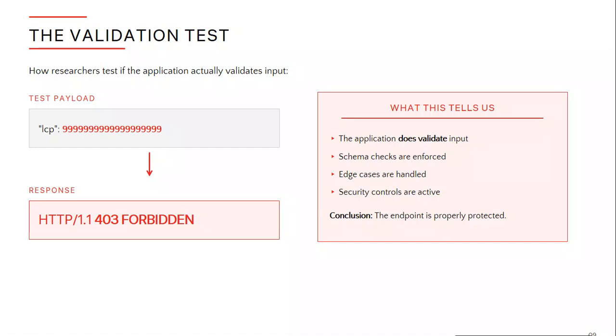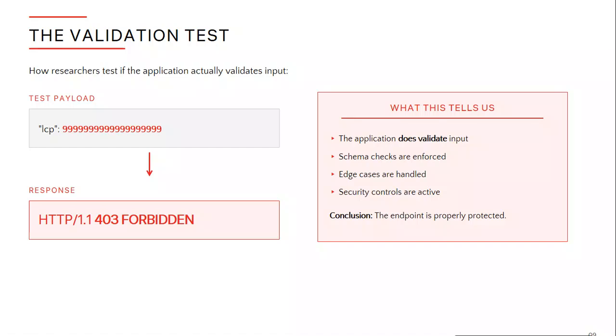Checks are enforced, edge cases are handled, security controls are active, and the conclusion is that the endpoint is properly protected. Whenever you put a test payload in the request and the response is forbidden, it means that these things are well protected. It's now left to you as a bug bounty hunter to bypass it and submit it.